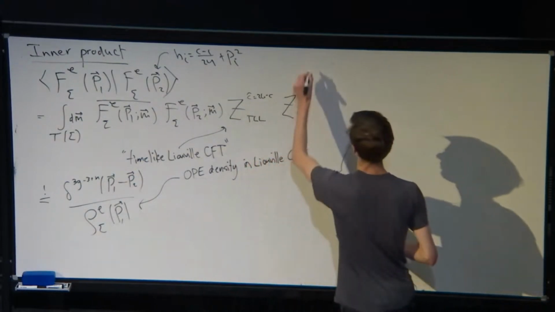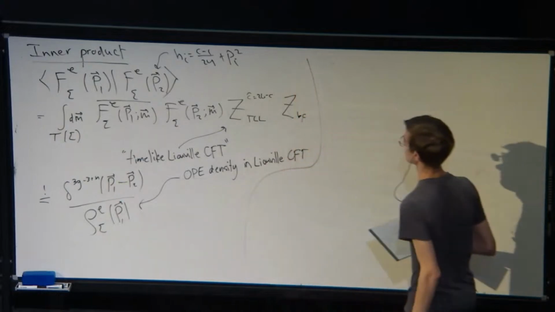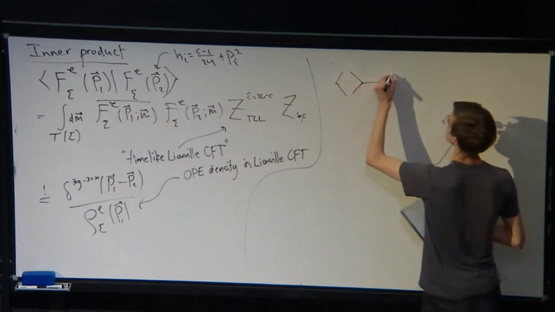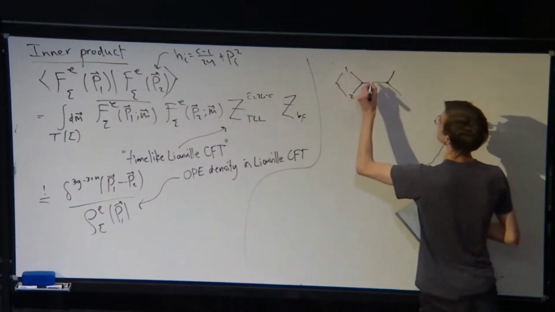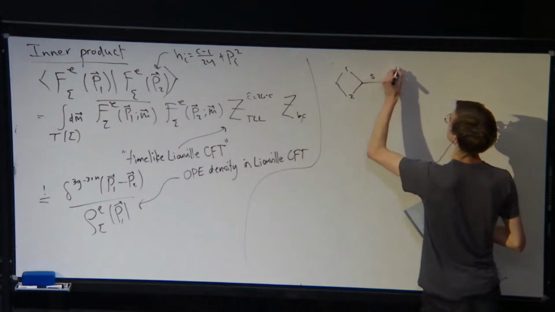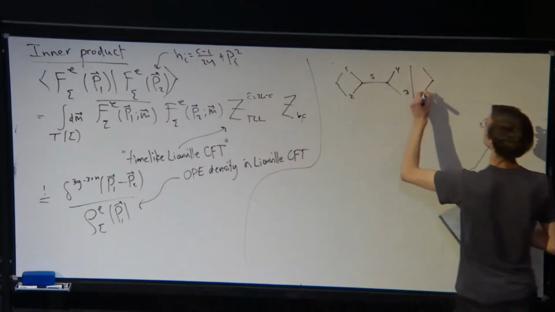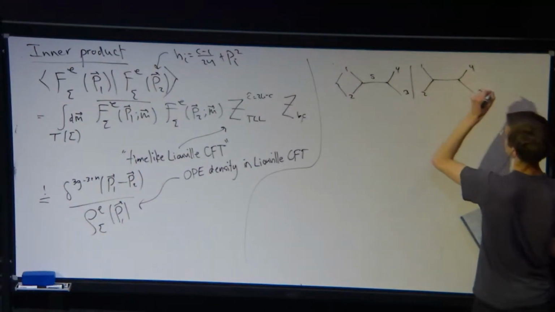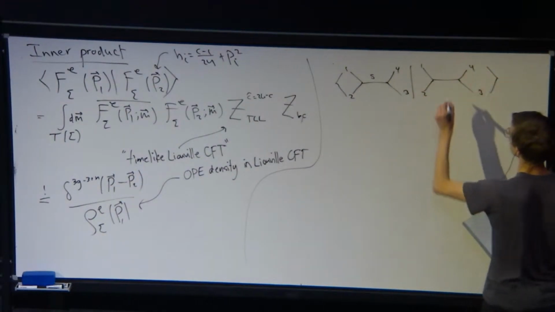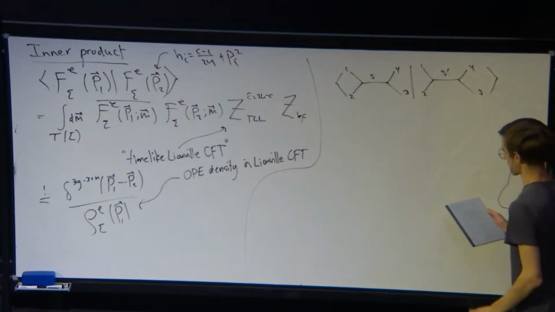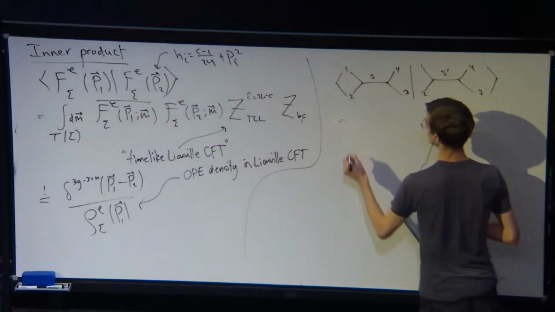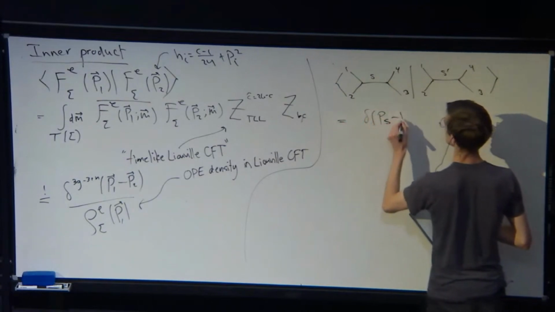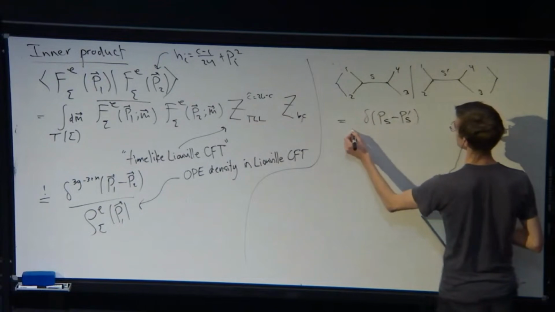So just to give a concrete example to make this a bit more explicit, consider the sphere 4-point blocks. So imagine you have some S-channel block. The external operators have to be the same for them to live in the same Hilbert space, but the internal weights can be different. And this is equal to this delta function that sets the two internal weights to be the same.